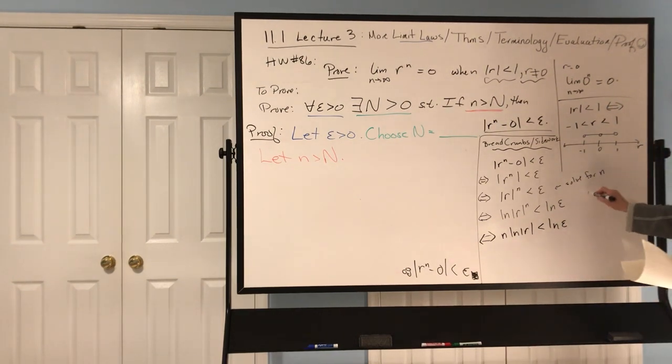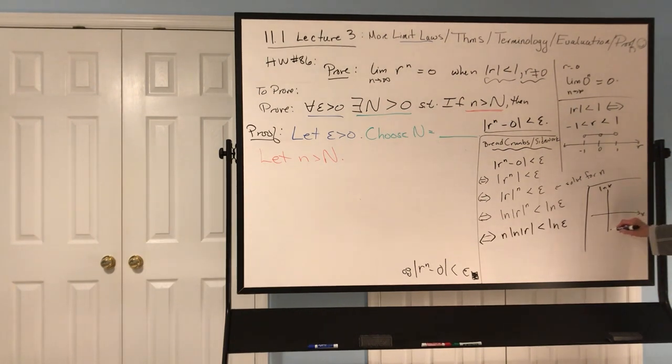Well, let's think about the natural log function for a sec. What does the natural log of x look like? There's natural log. What is this number right here? Very nice, 1. What can you tell me about the natural log of x for a number between 0 and 1? It lives down here; it's negative. So if I want the natural log of the absolute value of x, that gives me another branch over here, where this point is negative 1.